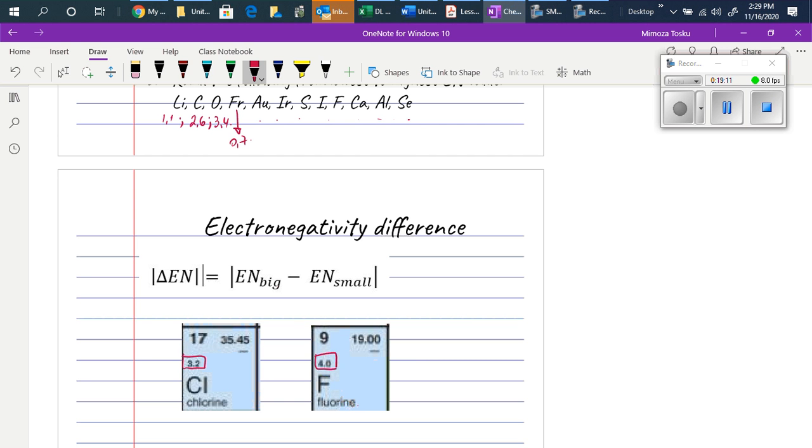So when calculating the electronegativity difference, we take the absolute value, which in this case is 4.0 minus 3.2, and this will be 0.8.